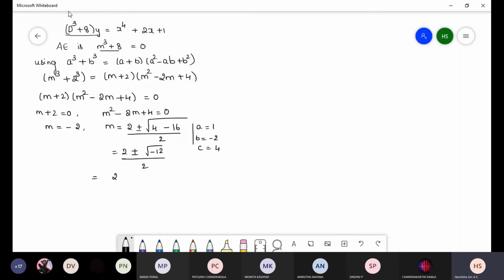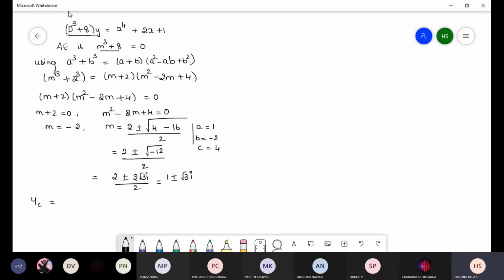So we can write 2 plus or minus 2 root 3 i divided by 2. When we take 2 as common in the numerator, we will get 1 plus or minus root 3 i.